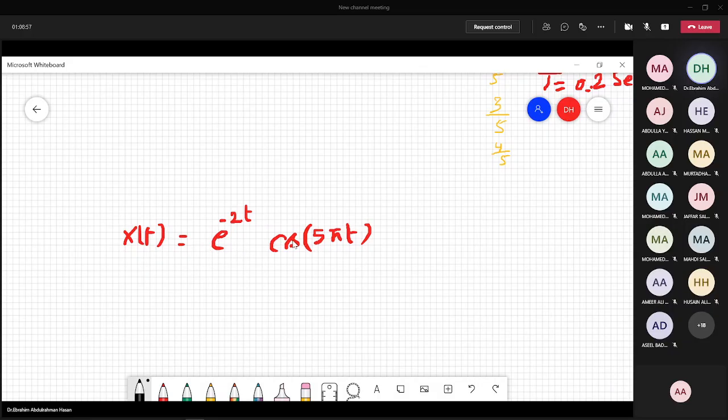We are familiar with this one from Circuits 2, exponential decay of cosine. If someone draws it, it comes out something like this.